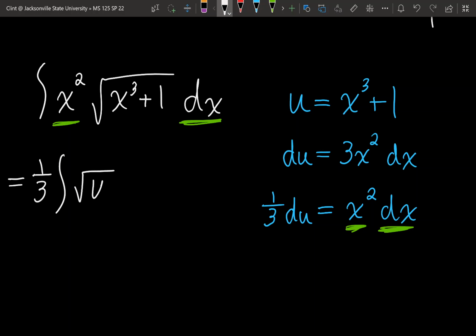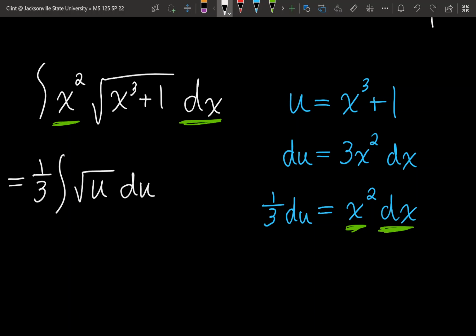We'll have square root of u, and then du takes care of the rest of it. So the 1/3 in the du take up the x squared and the dx, and then u takes up the x cubed plus 1 part.